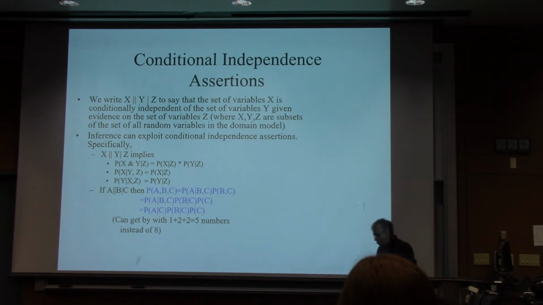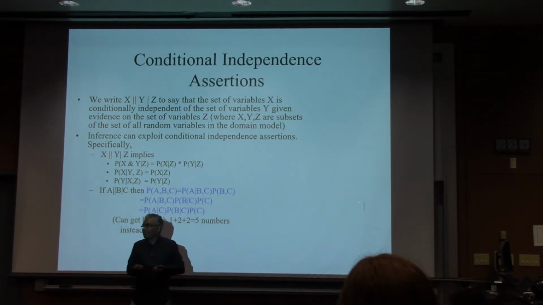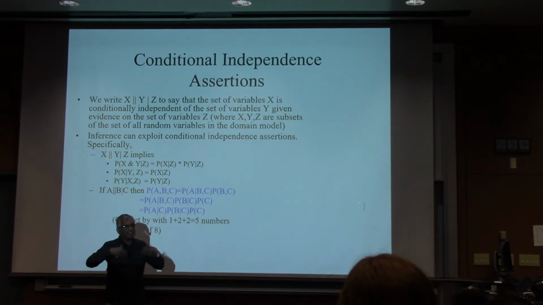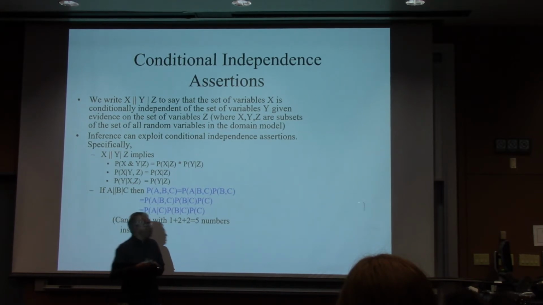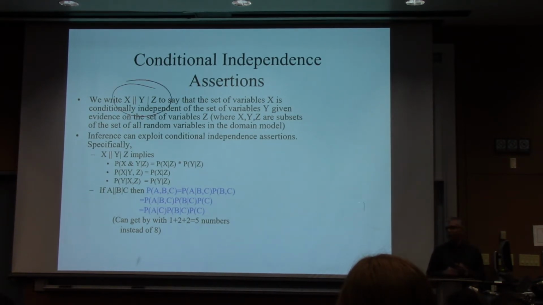So it turns out that the real semantics for Bayes networks is this notion of independence assertions. What is independent of what given what? Okay? So really, a Bayes network can be seen as capturing a set of conditional independence relations.